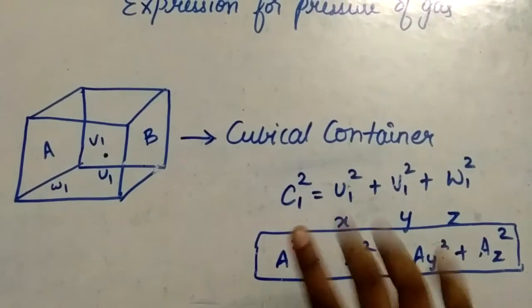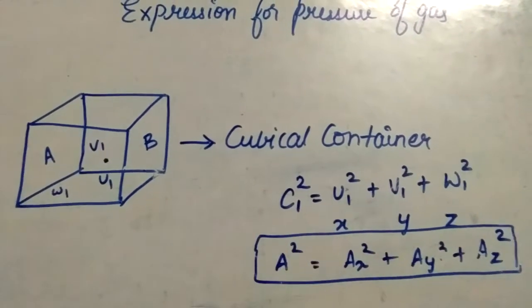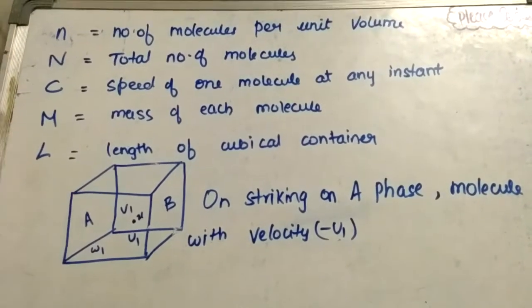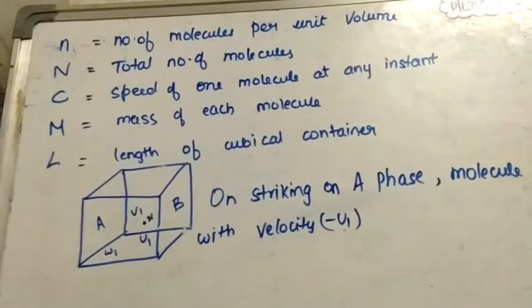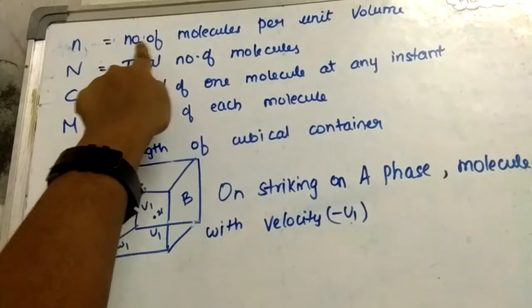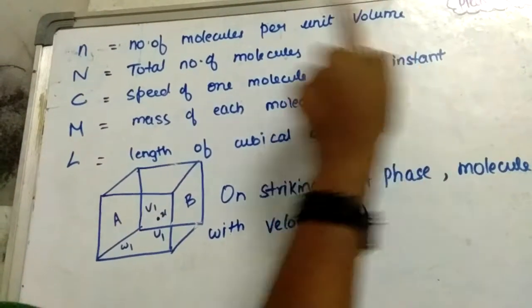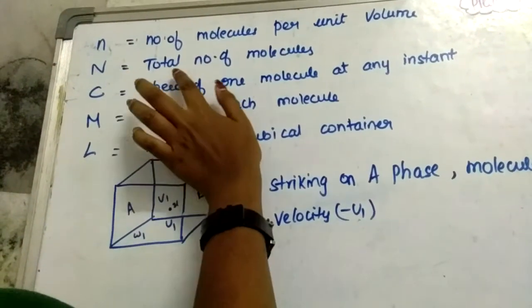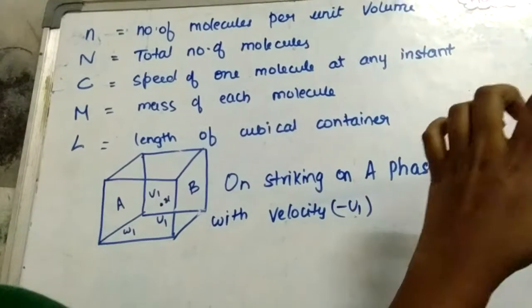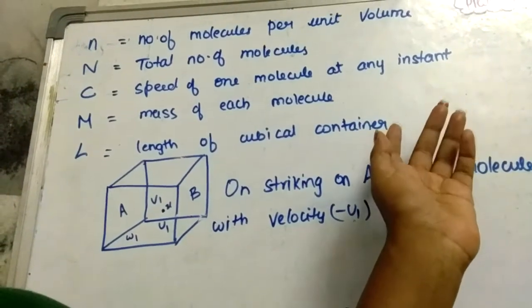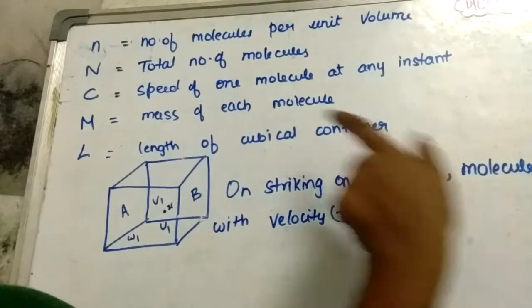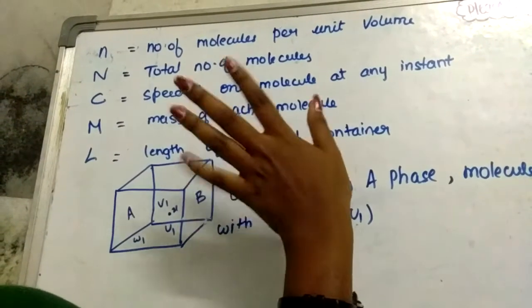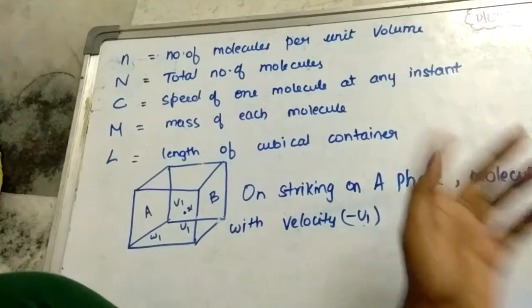So n is the number of molecules per unit volume, capital N is the total number of molecules, C is the speed of one molecule at any instant, and m is the mass of each molecule. L is the length of the cubical container.